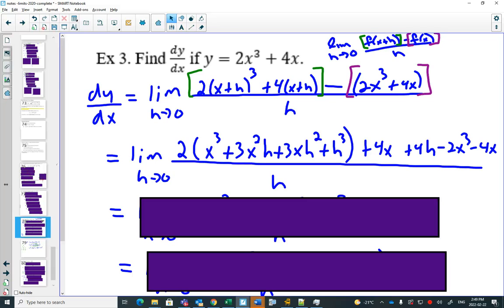Meanwhile, I also distributed the 4 to 4x + 4h, and then I distributed the negative sign to −2x³ − 4x. And from here, you're going to have to gather like terms, see if you can get that h to cancel out.